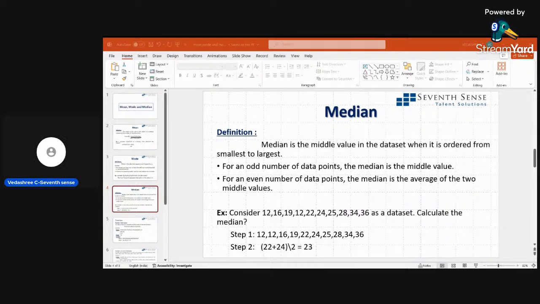Okay, next, which concept will we discuss? Which aptitude topic?